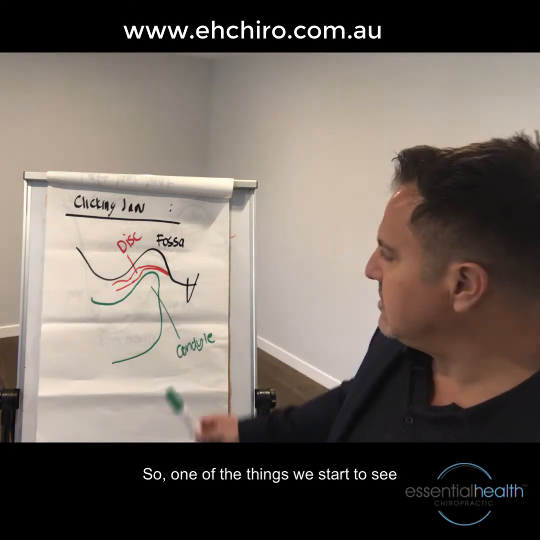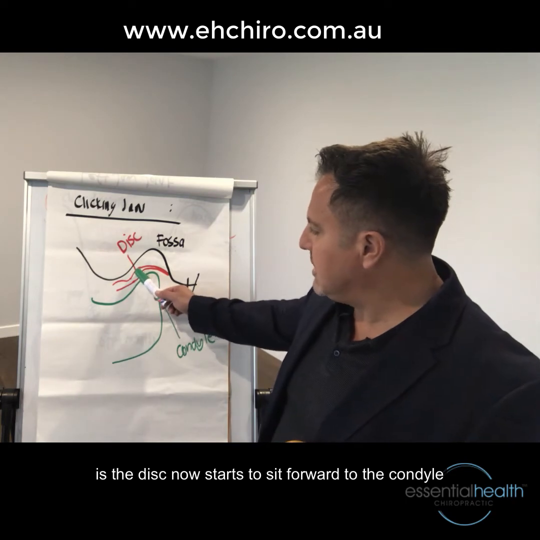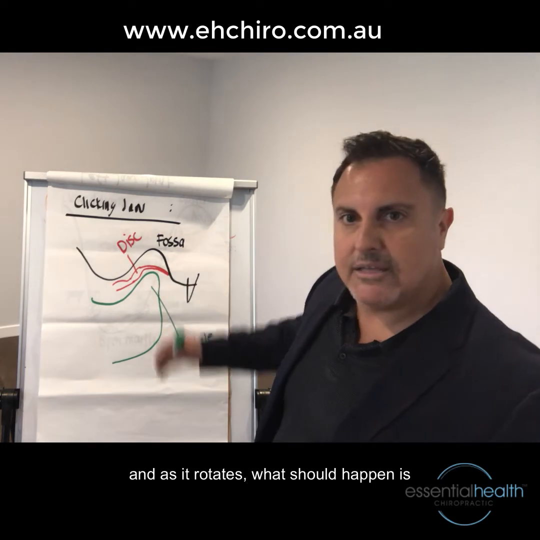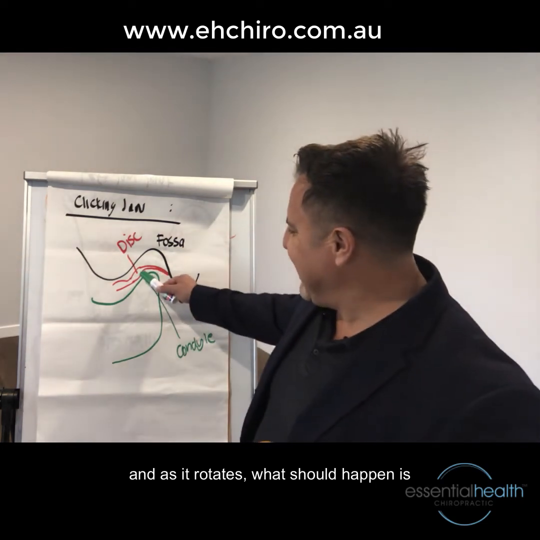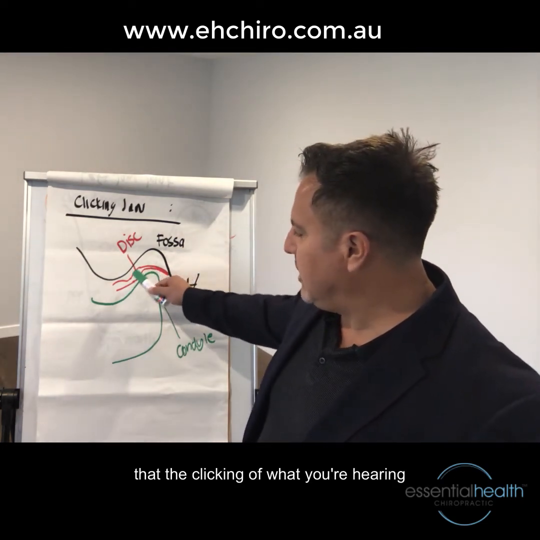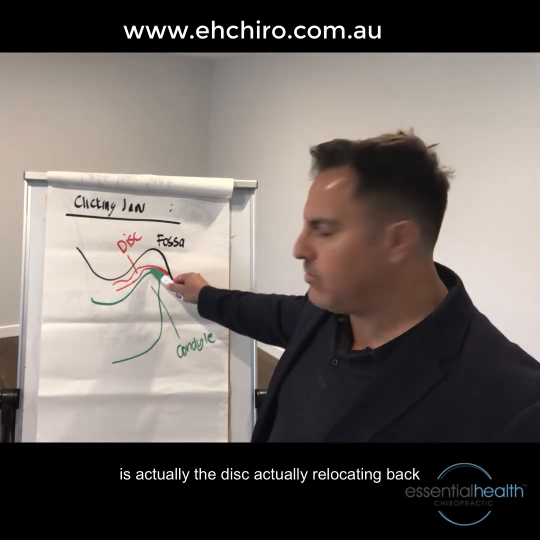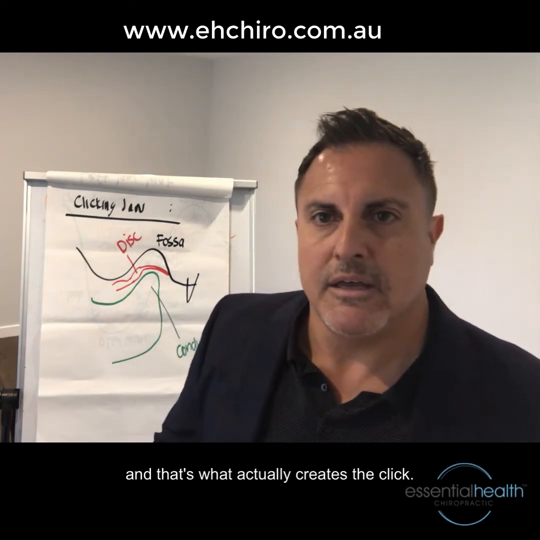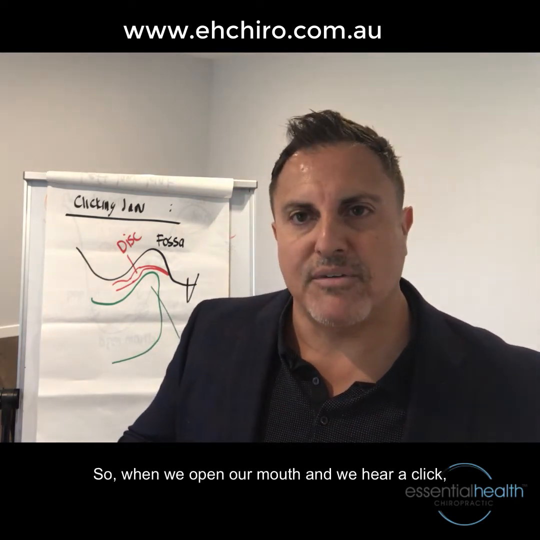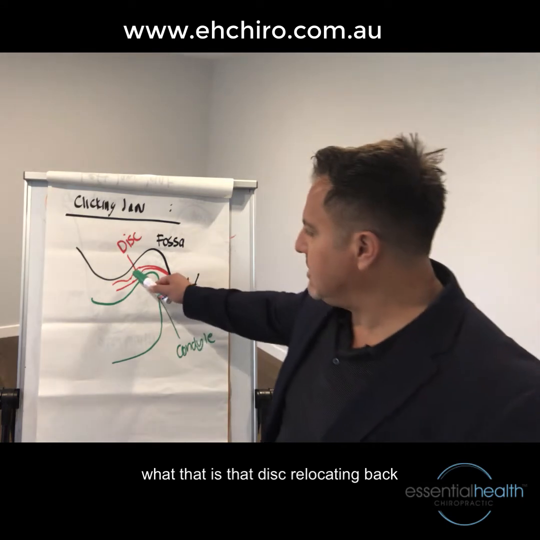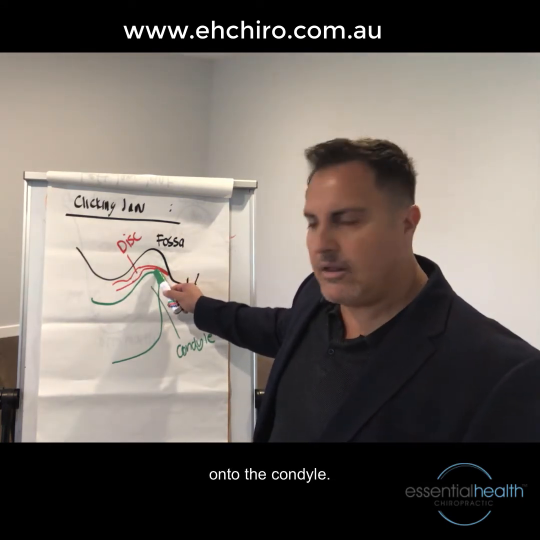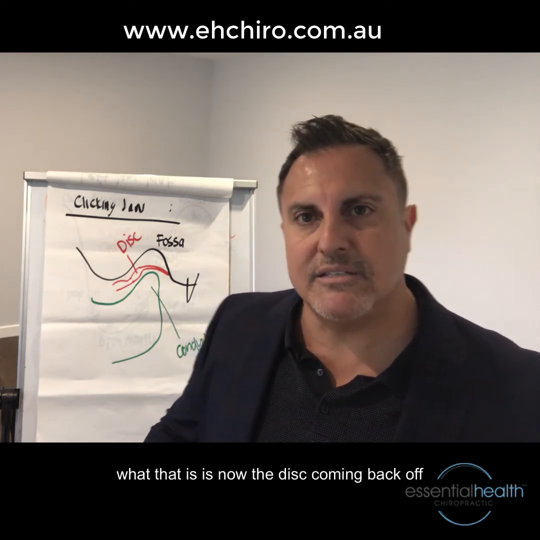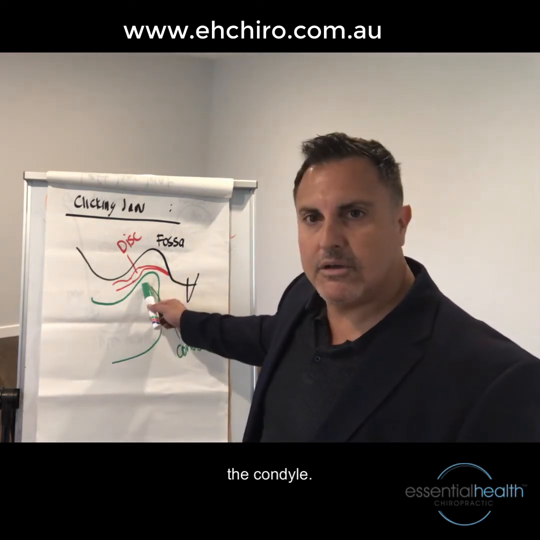One of the things we start to see is the disc now sits forward to the condyle, and as it rotates, the clicking you're hearing is actually the disc relocating back onto the condyle, and that's what creates the click. So when we open our mouth and we hear a click, that is the disc relocating back onto the condyle. During mouth closing, if we hear another click, that is the disc coming back off the condyle.